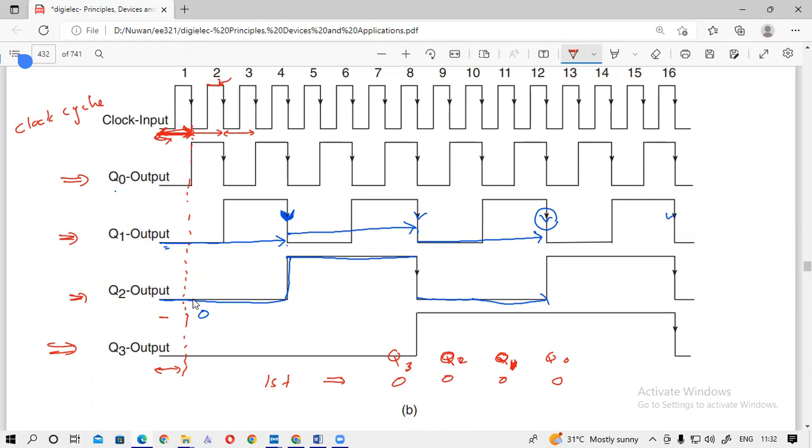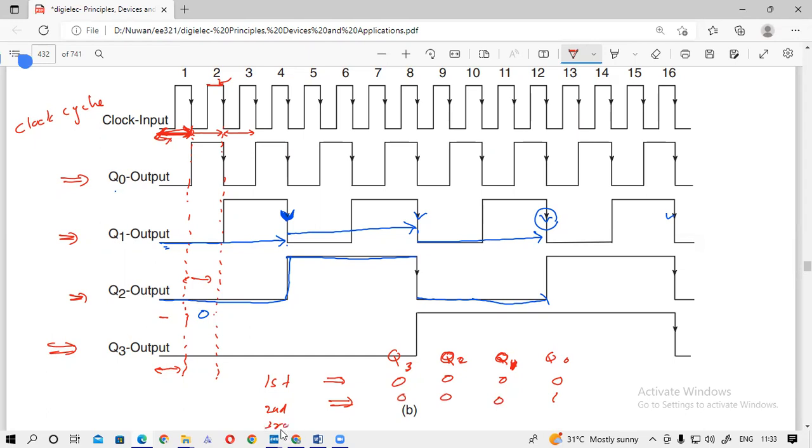Then what is the value at the second clock cycle? What is the value of Q0? 1, 0, 0, 0. Yeah, very good.